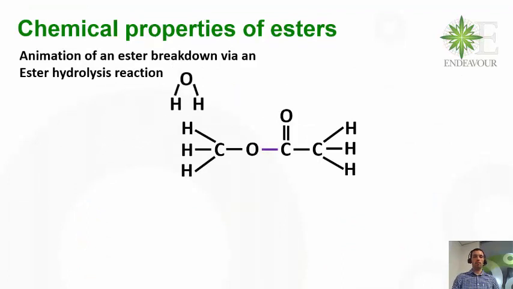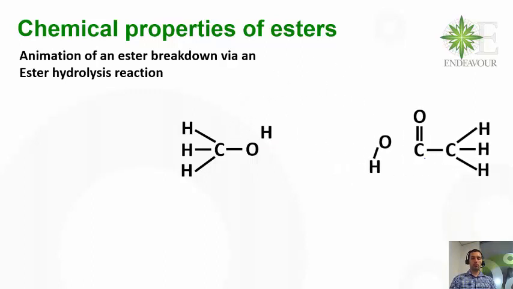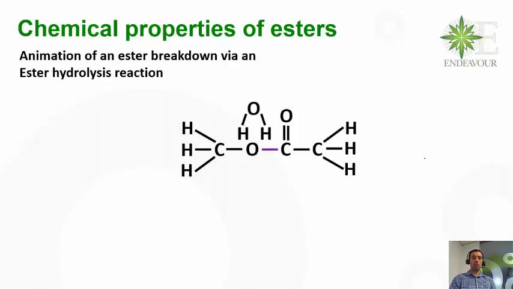So the first thing that will happen is the water molecule will come in and basically attack that covalent bond that is attaching the oxygen and carbon together within the ester functional group. So we get the breakage of that functional group, breakage of the bond between the oxygen and carbon, and that allows the two compounds to separate.